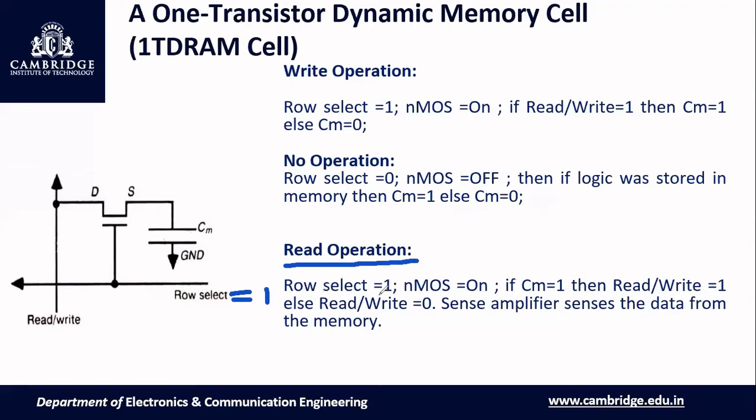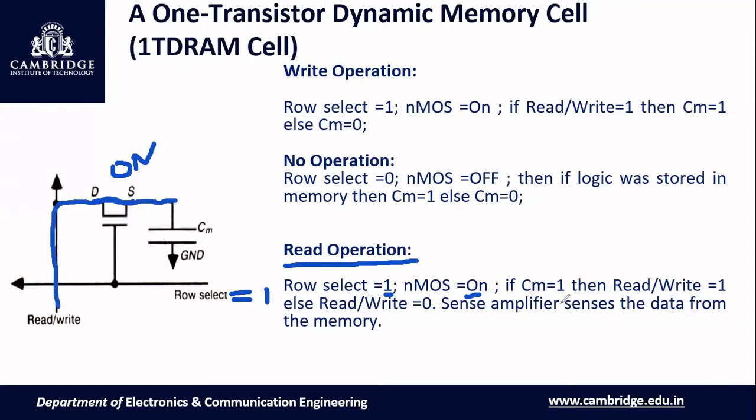When row select is made 1, then this NMOS transistor will be on. When this NMOS transistor is on, whatever charge you had in this capacitor, that will be read. That will be available in this line.